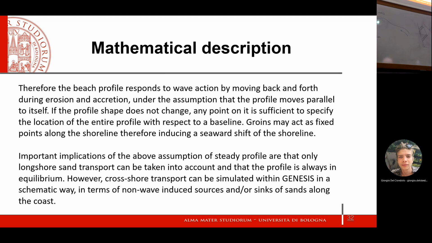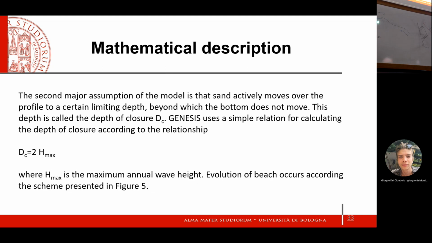And okay, I think another important assumption is that sand actively moves over the profile to a certain limiting depth, beyond which the bottom does not move. So when you move the sand seaward, there is a limit to it, which is confirmed by our experience.